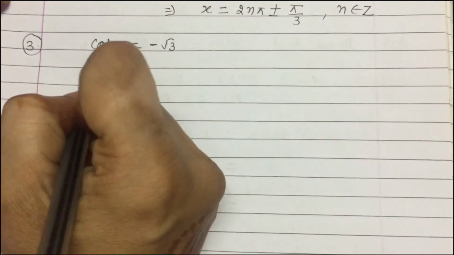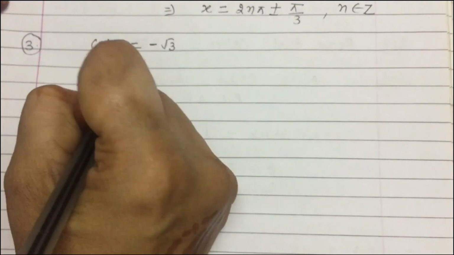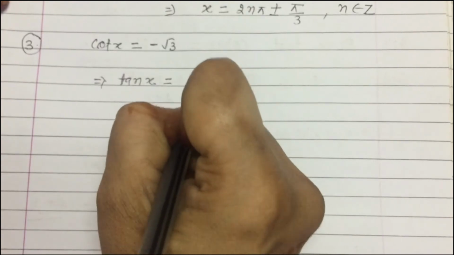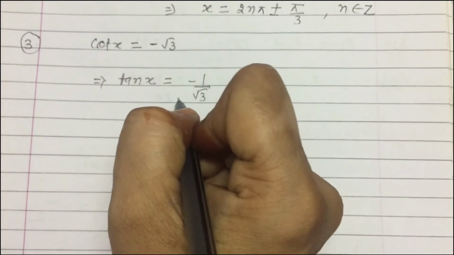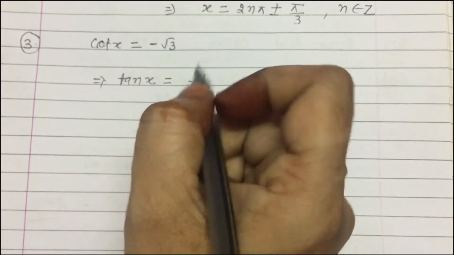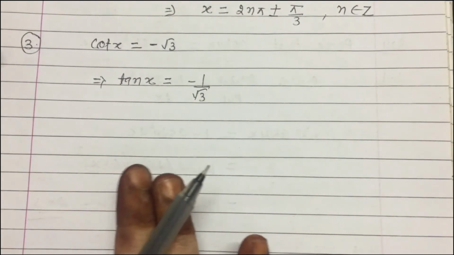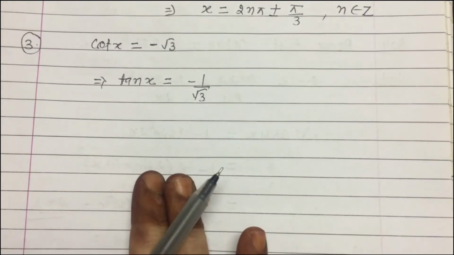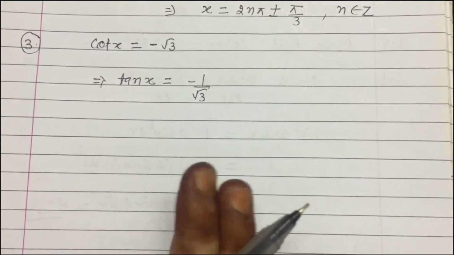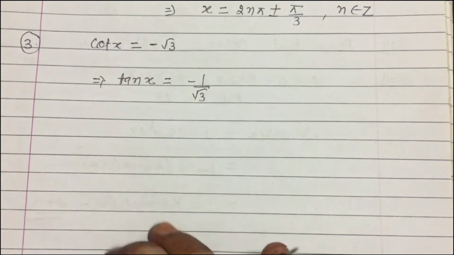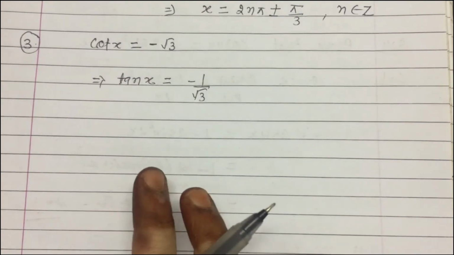Okay, so students, tan x is equal to minus 1 by root 3. To solve trigonometric equations, first you have to change sec to cos, cot to tan and cosec to sine, since we have formulas for only sine, cos and tan.